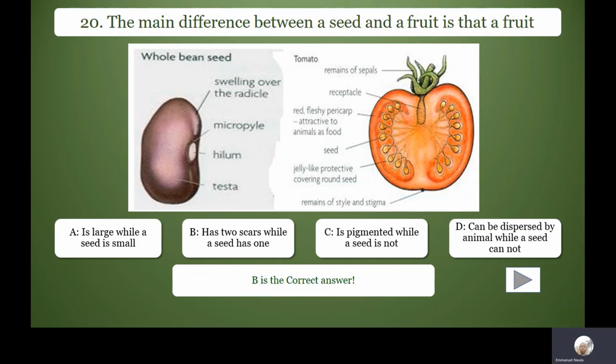And these ovules are attached to the ovary at their placenta, so they will form a scar at that position. So a seed has only one scar, while a fruit has two. So the correct option here is B.